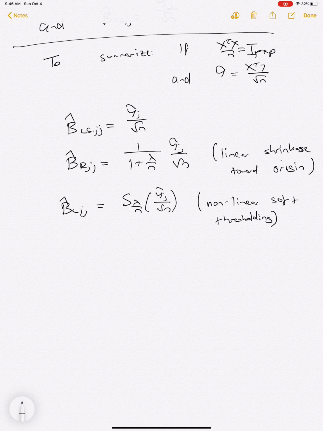Okay, and so you can see what the impact of each of these is in this special case, and this provides a nice comparison of these three different approaches that we've learned.